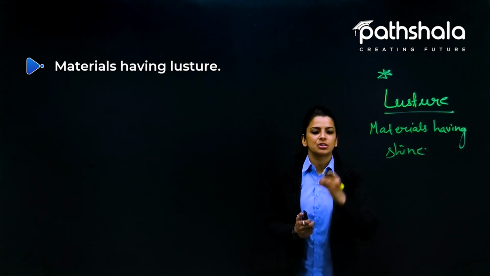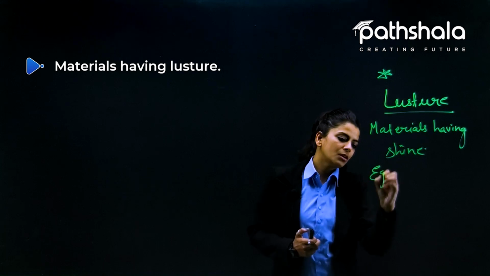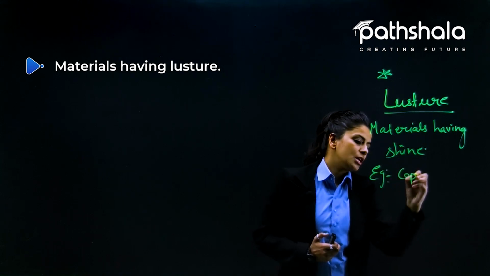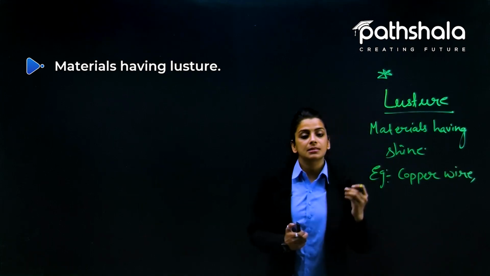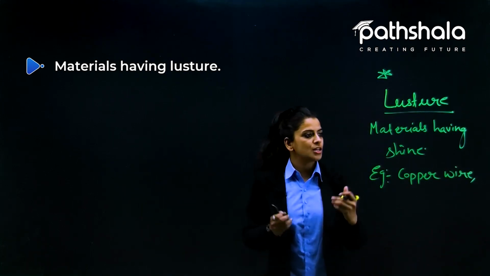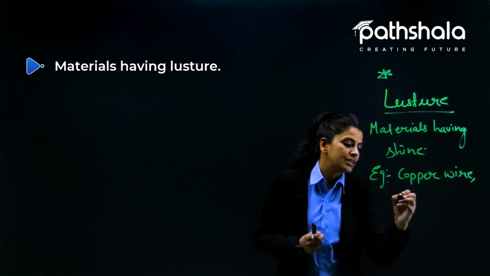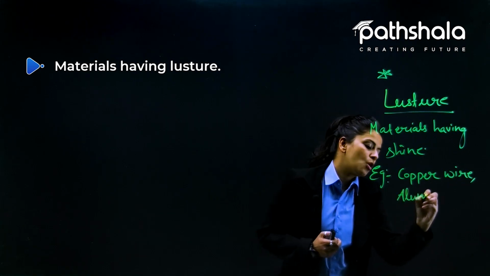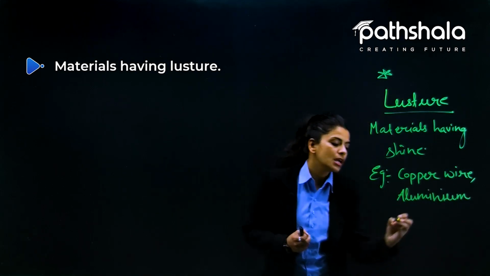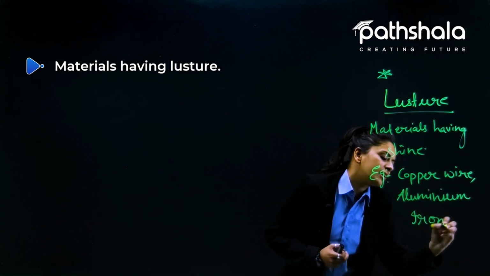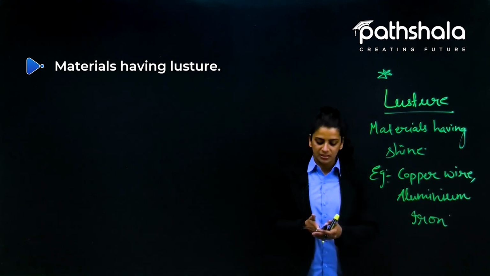For example, copper wire shines. That is why we can say that this material has luster in it. Aluminium also has shine, so it is also a lustrous material. And on top of it, iron is also a lustrous material.